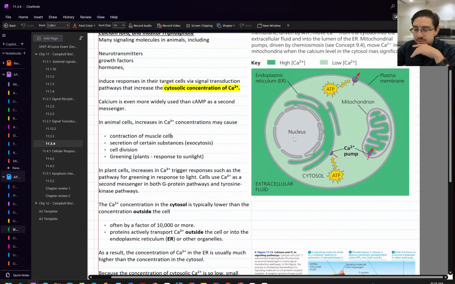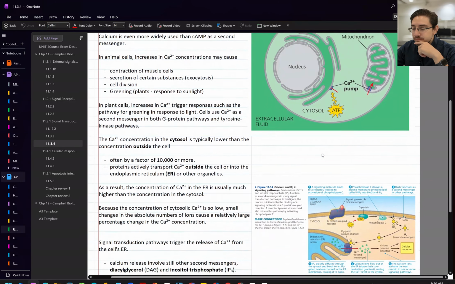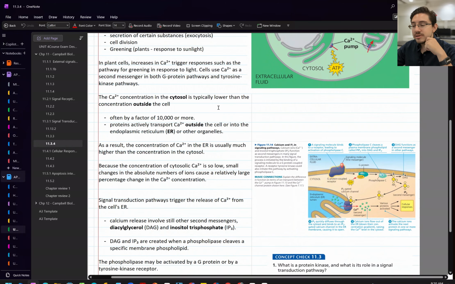And the cell uses ATP to keep that concentration in the cytosol relatively low. Through active transport, you're pumping calcium into the ER, into mitochondria, even outside of the cell. What's important to note is that calcium concentration is generally lower inside the cell, by quite a lot.